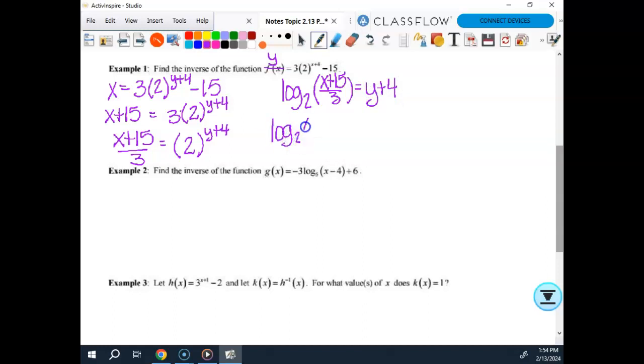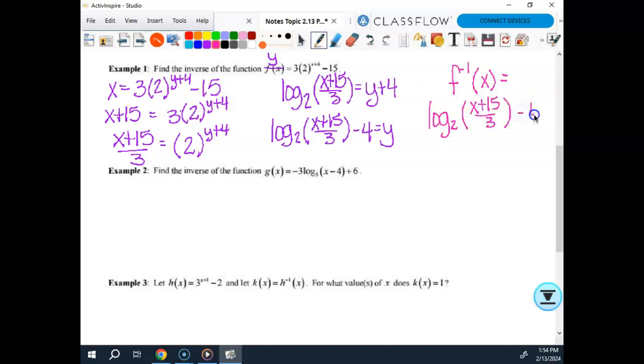Log base 2 of x plus 15 over 3 minus 4 equals y. Then we want to put it in the correct notation. So f inverse of x is equal to log base 2 of x plus 15 over 3 minus 4.